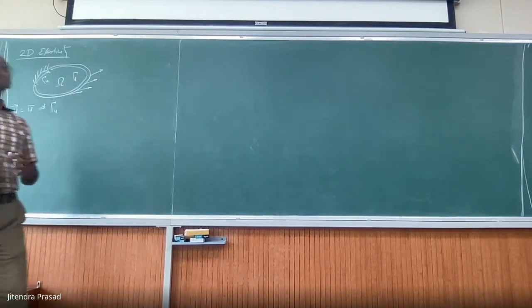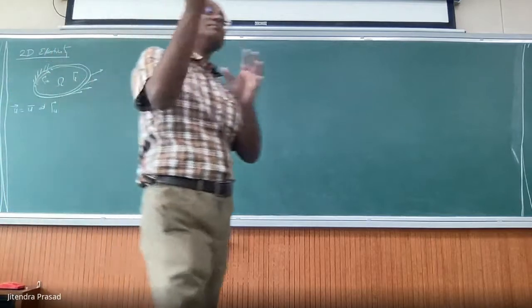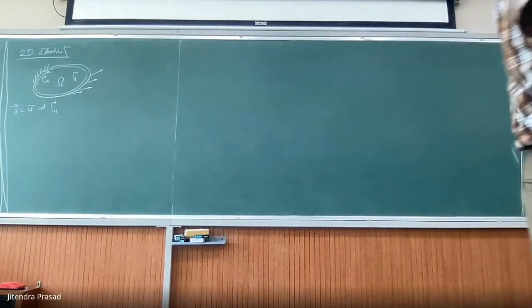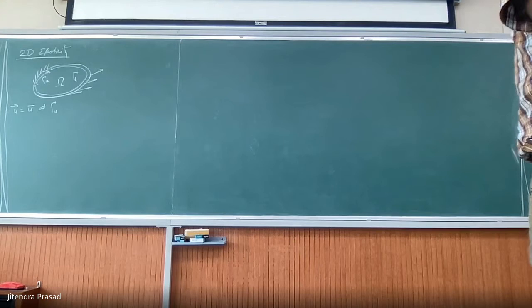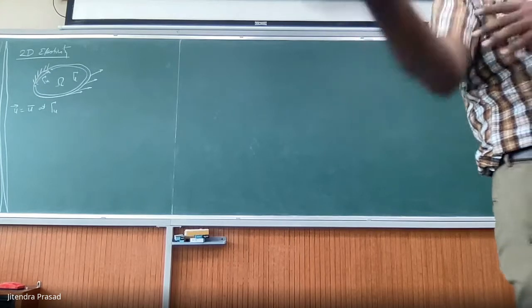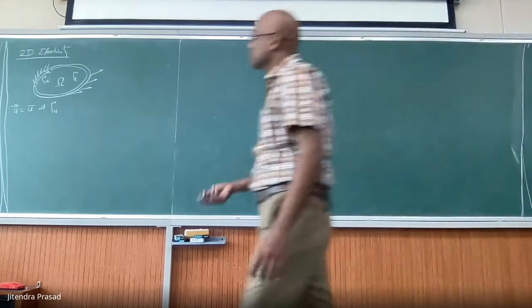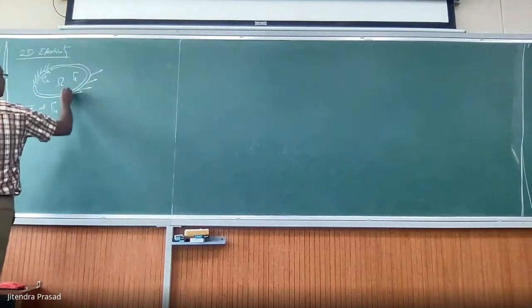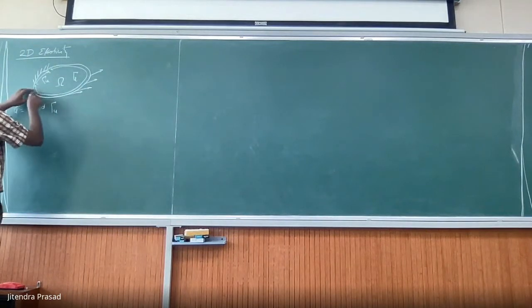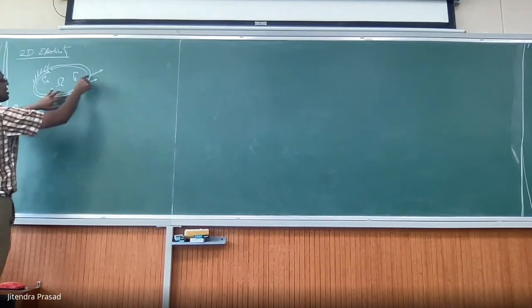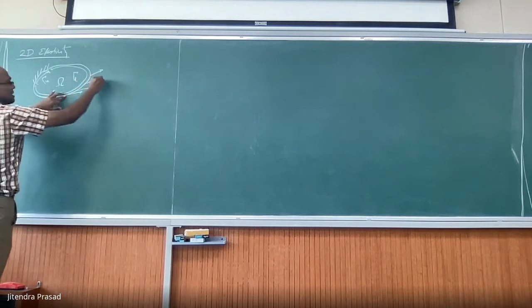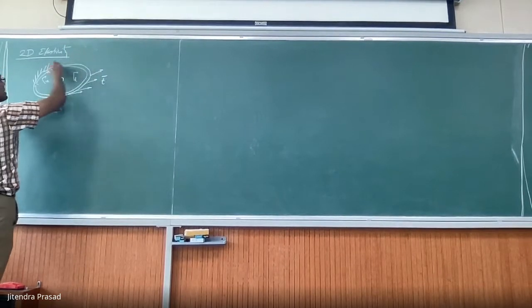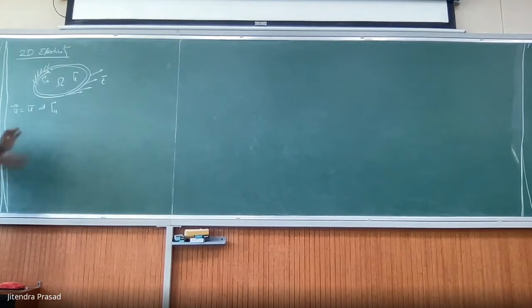Now gamma t itself may have gamma t1, gamma t2, gamma t3. At gamma t1 there's a different force, at gamma t2 different forces are applied. You can have, let us say, from here to here no force, from here to here some force t applied, and again from here to here no force. It's possible.